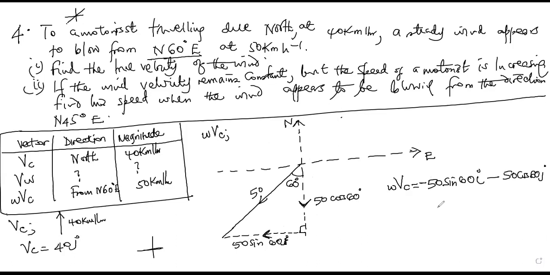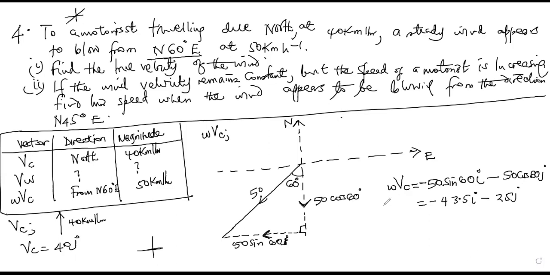Okay. So you compute on the calculator, you're going to get negative 43.5I minus, cos 60 is a half. This was √3/2, so it reduces to this. Then 50 times a half, that is 25J.